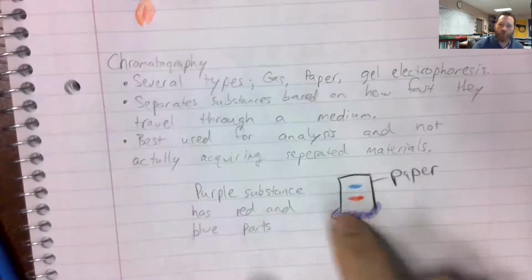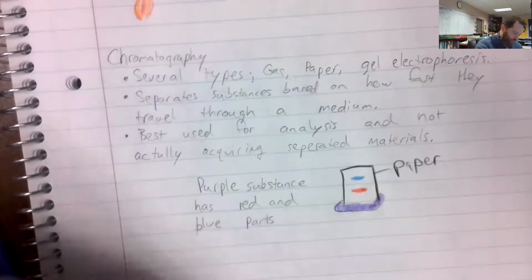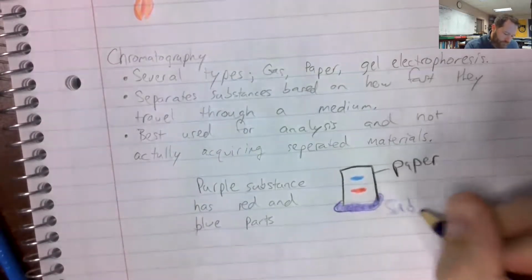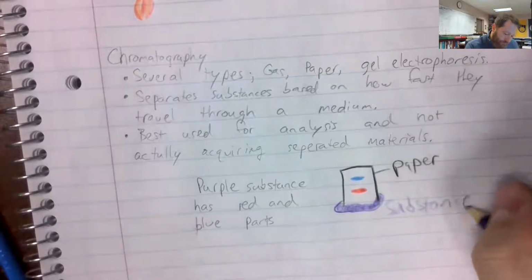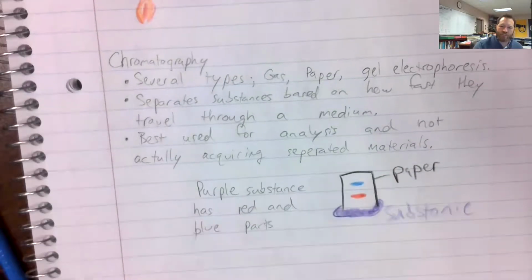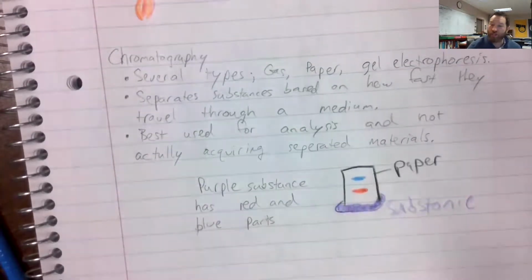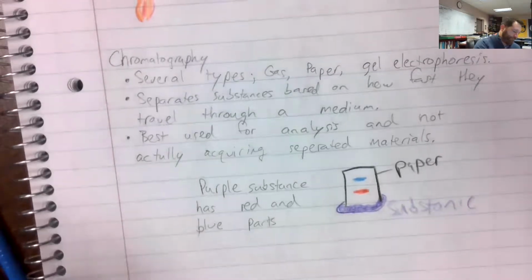So we dipped our filter paper into. So purple substance has both red and blue parts. So again, more of an analysis. We're seeing what's in it. We're not necessarily separating out our substance. We're just seeing what's in it with chromatography.